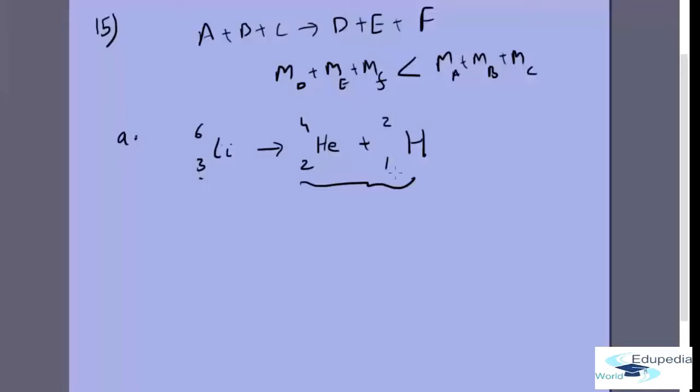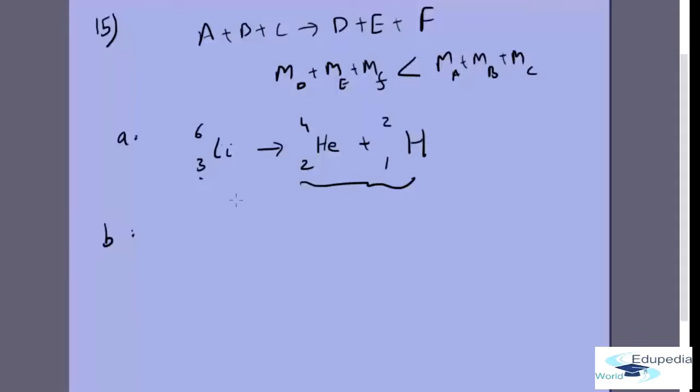If this has a greater mass, this has a greater energy, which means it can never happen. I'll write the equations for all of them. You can calculate the masses yourself. Right, 2H1 has a mass of 2.014102 and 4He2 has a mass of 4.002603. If you add them, it will be greater than the given mass of 6,3 Li.